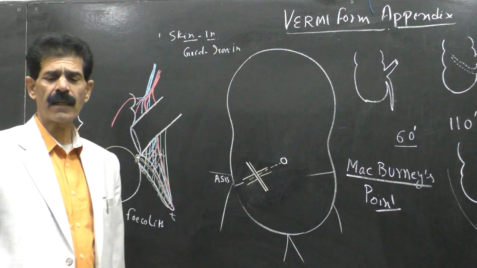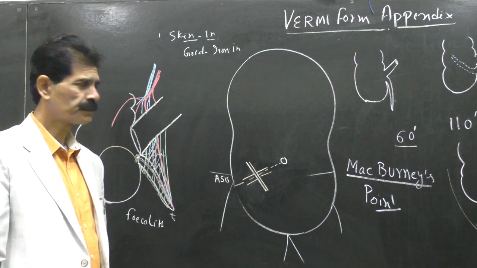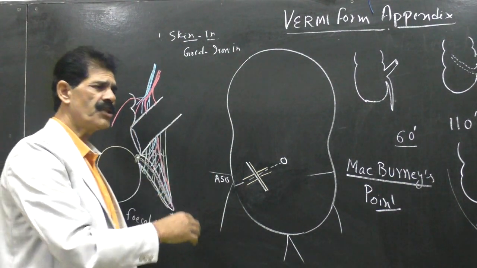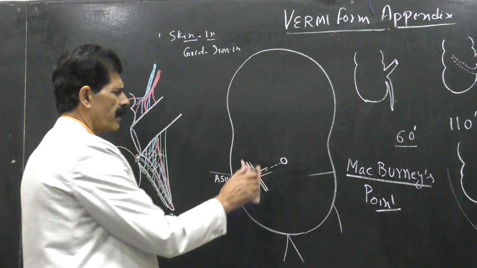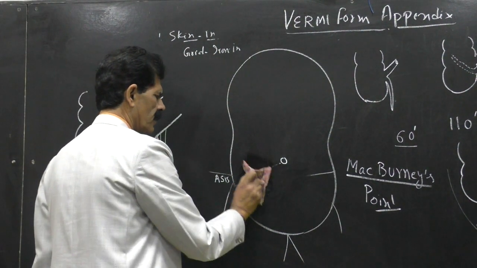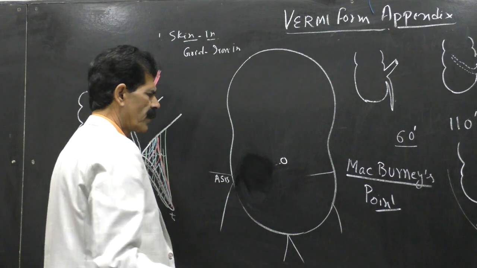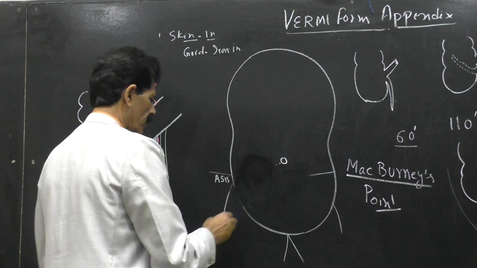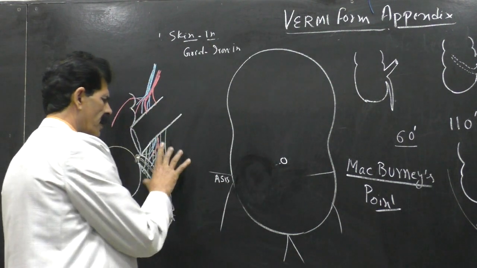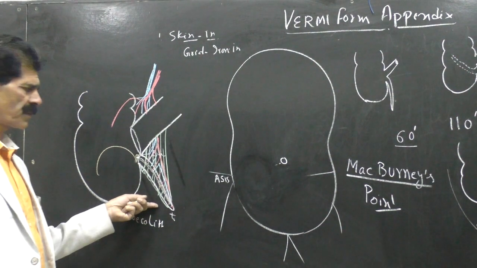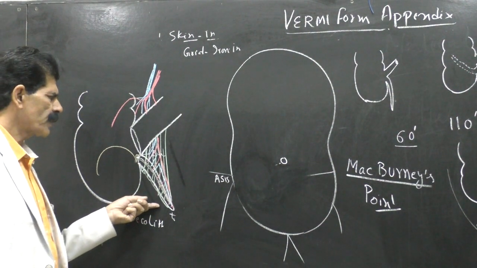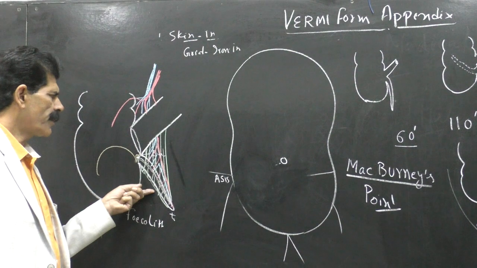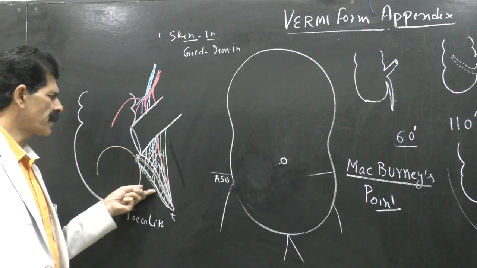This is called the gridiron incision. After that we reach the right iliac fossa, and after cutting the parietal peritoneum we reach the appendix and see the inflamed appendix, so we have to do the appendicectomy.